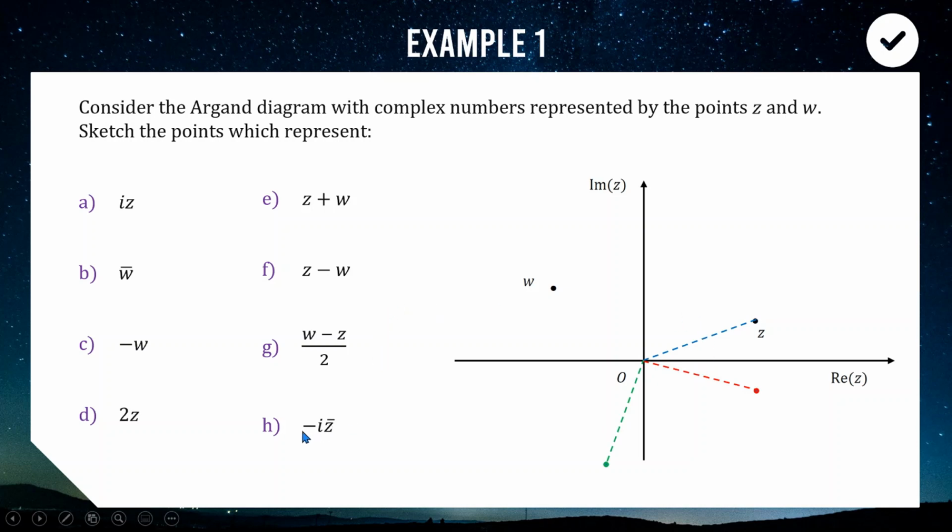However, if you're multiplying by negative i, you're going to rotate 90 degrees in the clockwise direction. Okay, so this green line here is z reflected across the real axis and then rotated by 90 degrees. All right, so we've got z here, and imagine there's a negative there, and I didn't stuff up because I don't want to re-record. So this is negative iz.